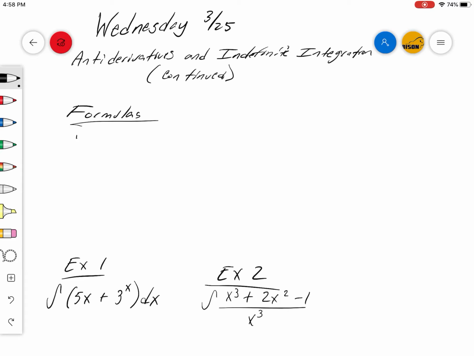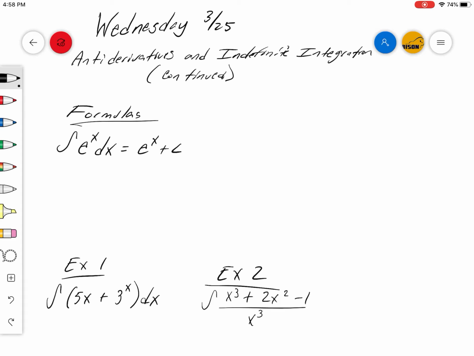So the first one is the integral of e to the x dx. If you think back to what the derivative of e to the x is, it is e to the x. So this is a very, very basic one. It would make sense that the integral of e to the x would also be e to the x, and we can't forget about our plus c.